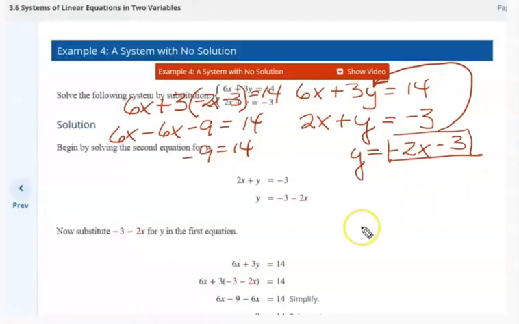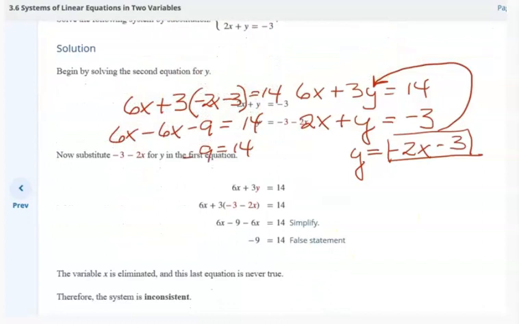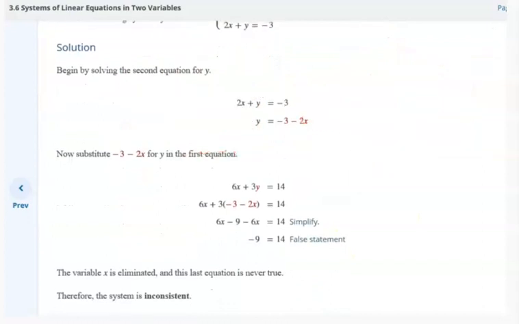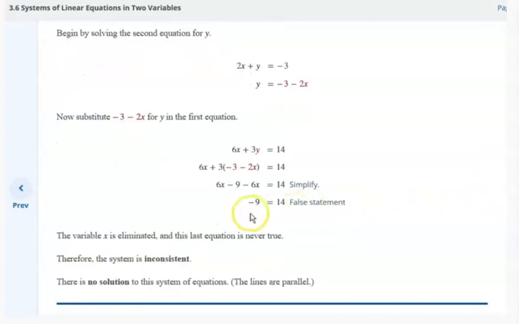And let's take a look at what they said as we go through this. And we'll clear that up. So you're getting a false statement. Indicates the systems are inconsistent. They are parallel lines, therefore no solution.